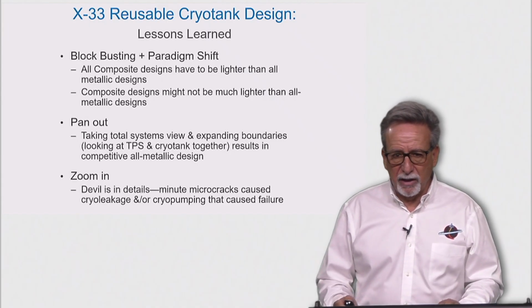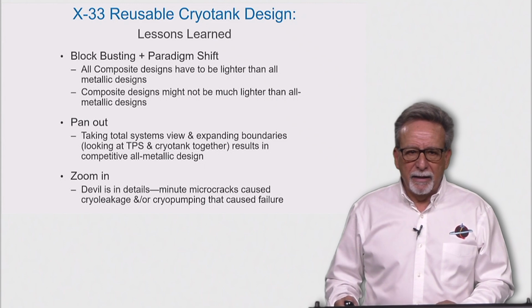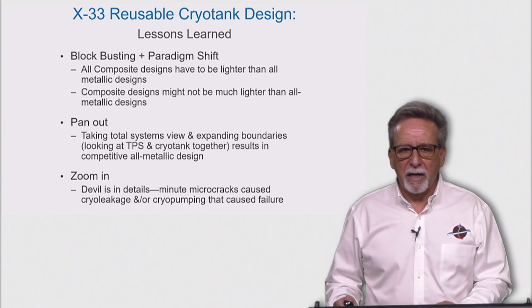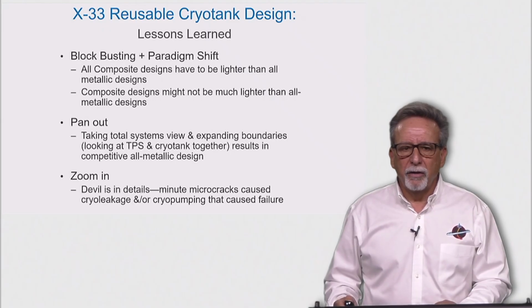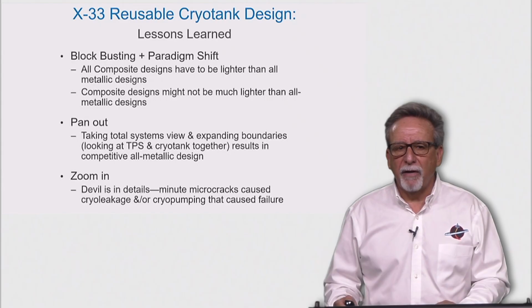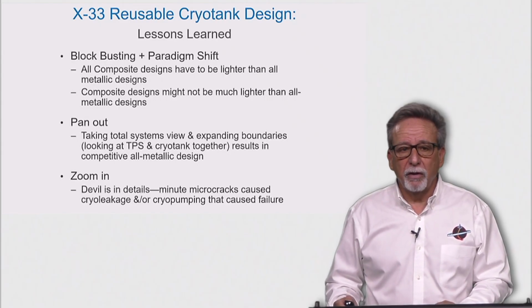One such conceptual block is the thought that because composite materials are typically lighter than metallic materials, one way to propose a lighter weight cryogenic design would be to manufacture a composite cryotank.